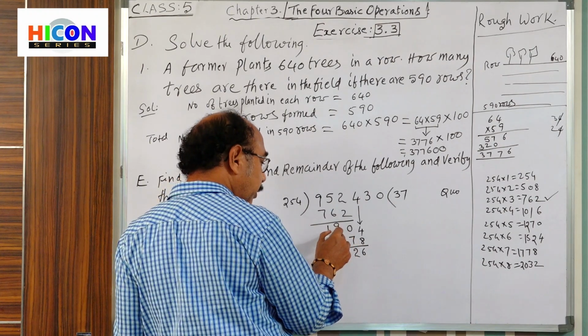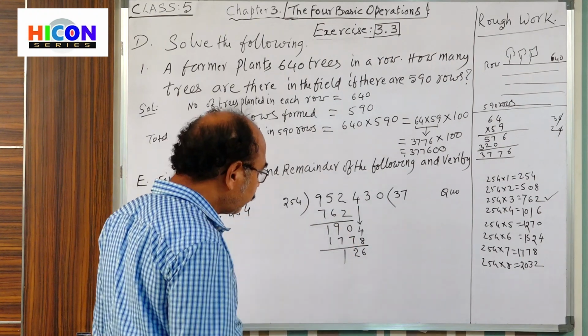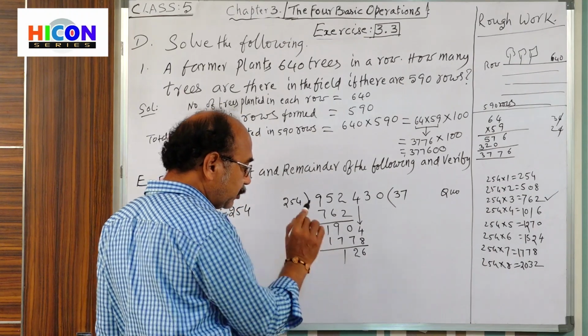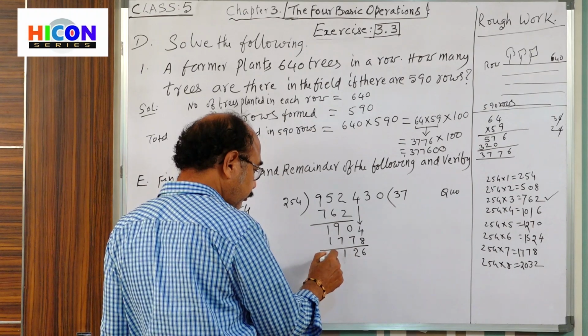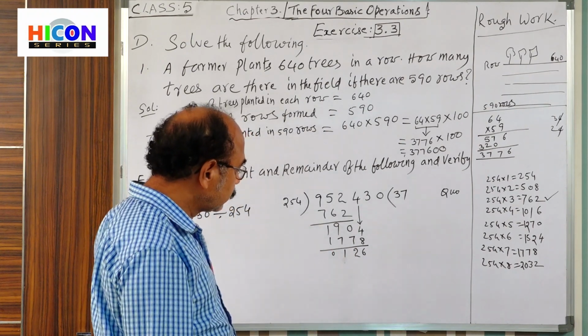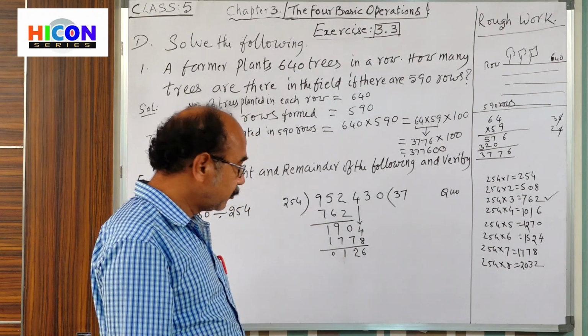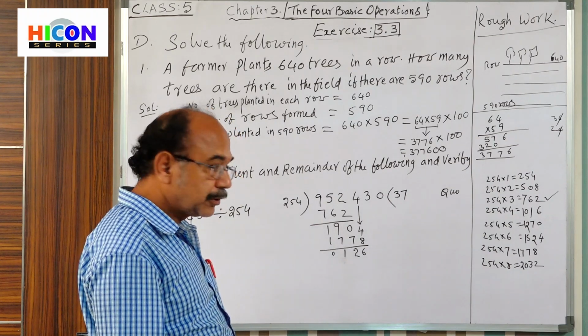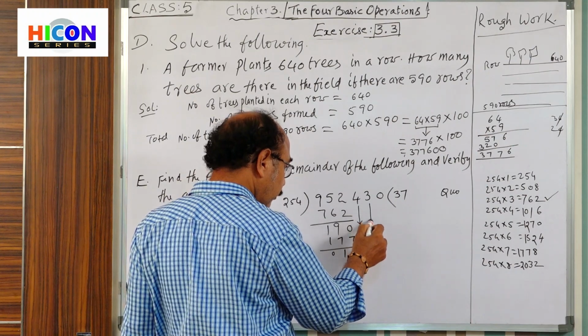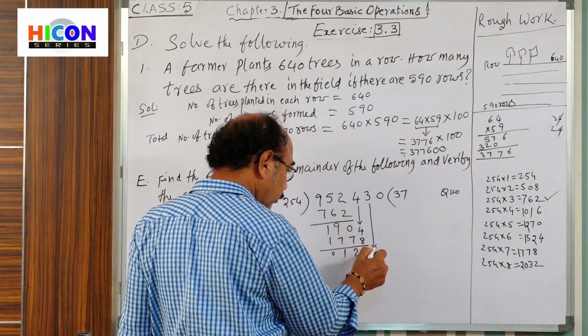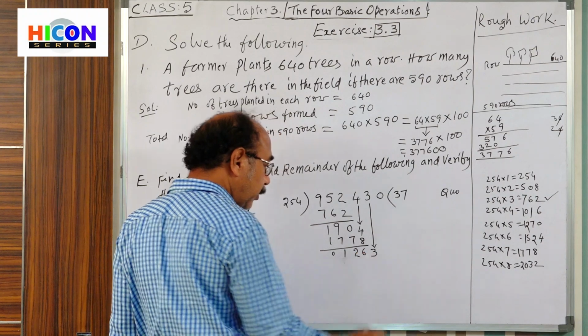So 9 becomes 8. 8 minus 7 is 1. Here 1 minus 1 is 0. We got 126. Now we bring down 3.